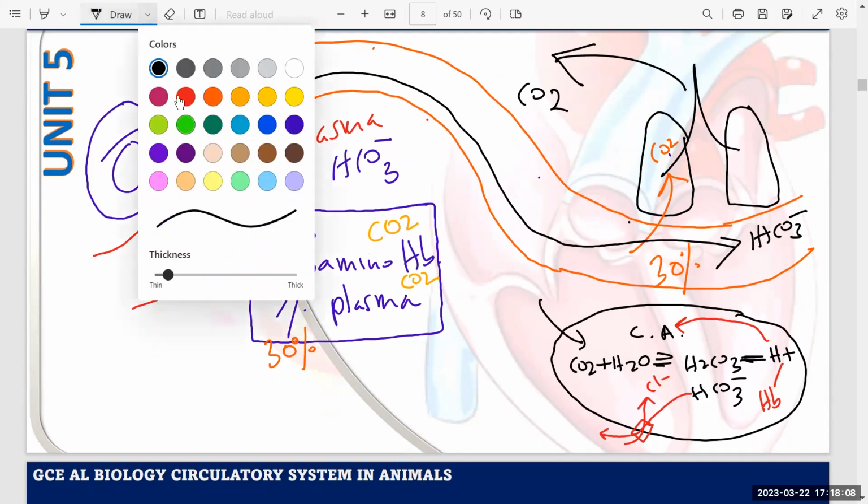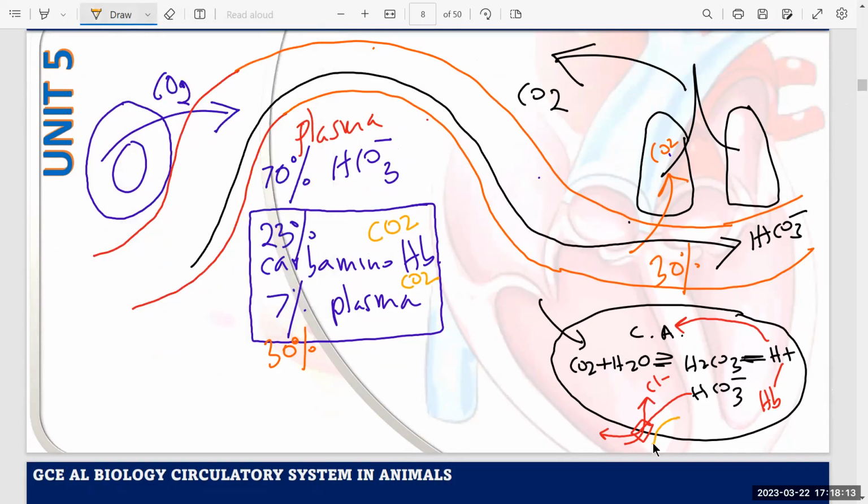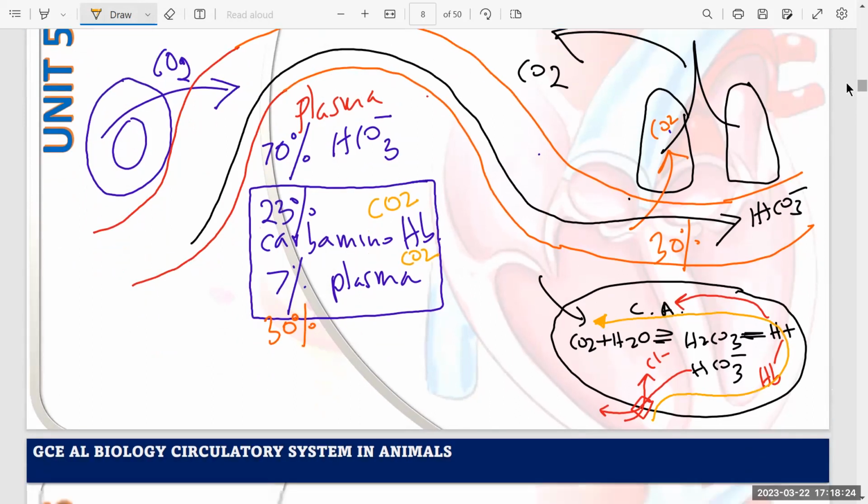That means if you start from here, it goes in this direction. This arrow indicates the direction of the reaction. So let's do it again.